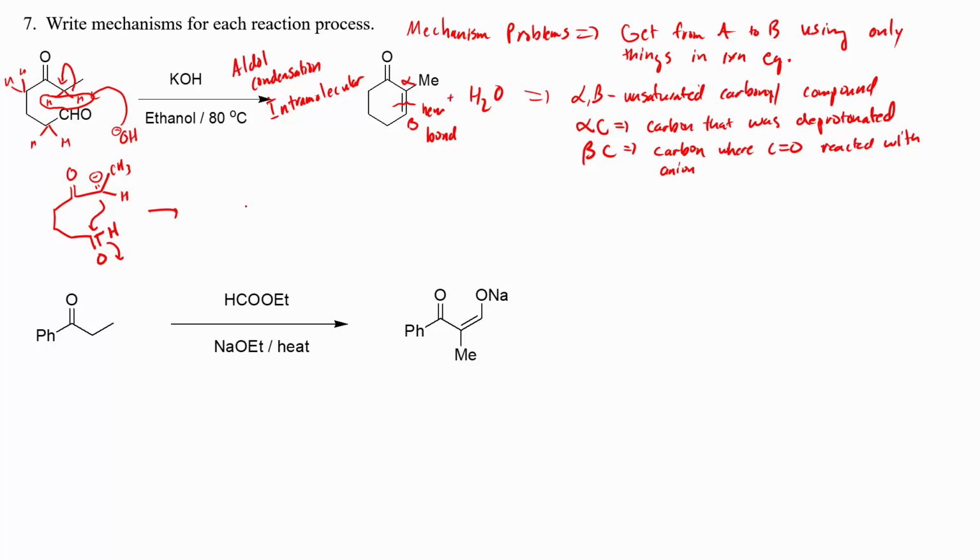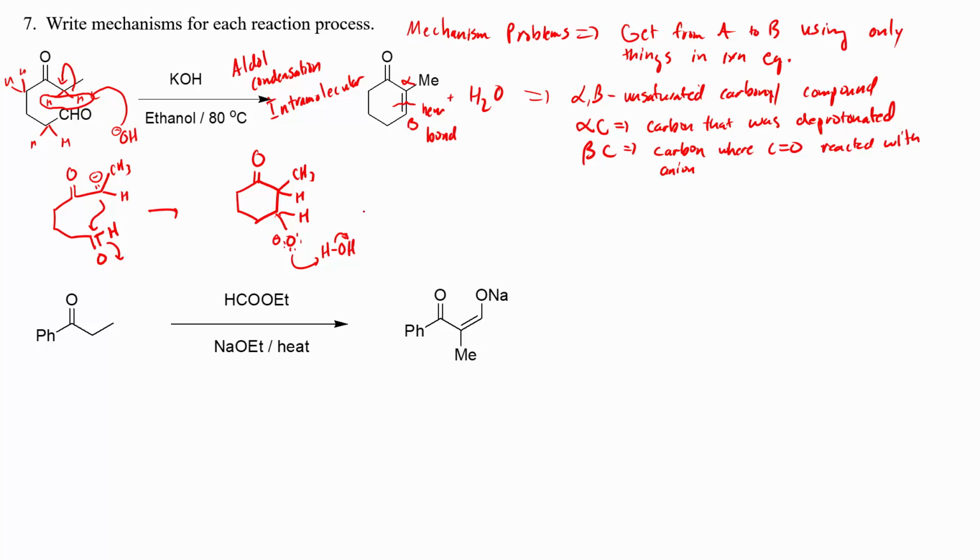It does that. This makes our 6-membered ring. That gives us this. We're going to protonate it to get our first product.